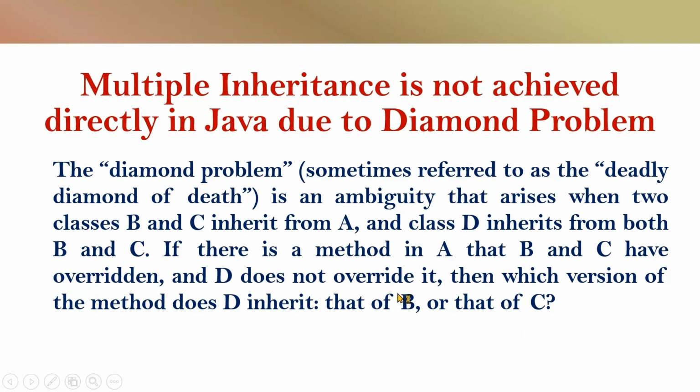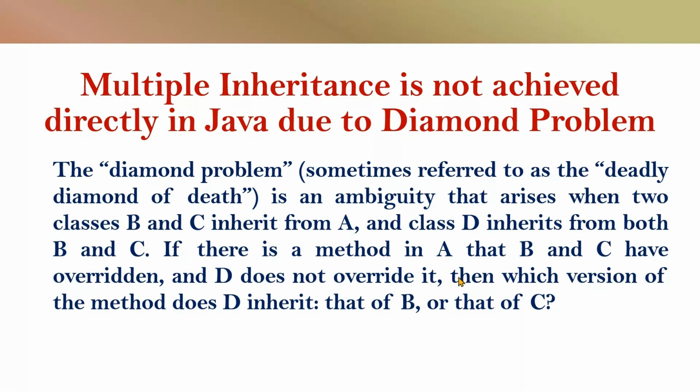So here we are talking about method overriding. Method overriding is when the method name, its return type, and the parameter list are the same in the superclass and subclass.